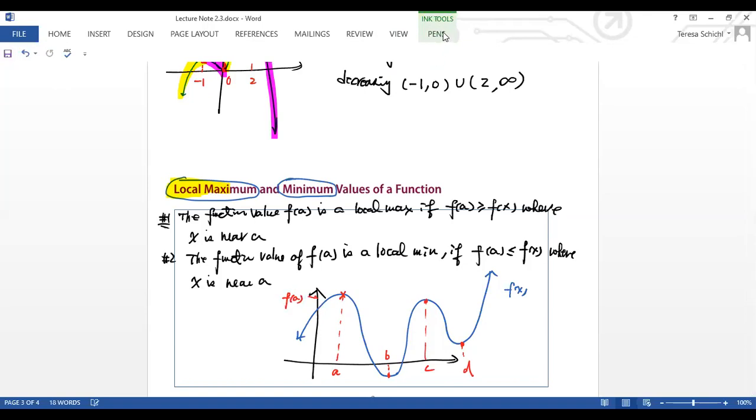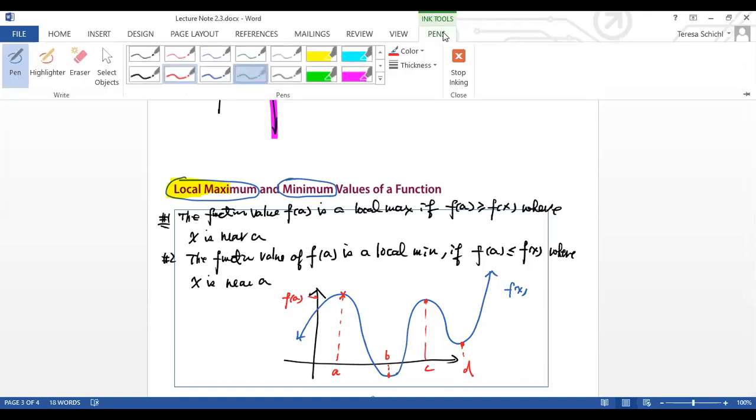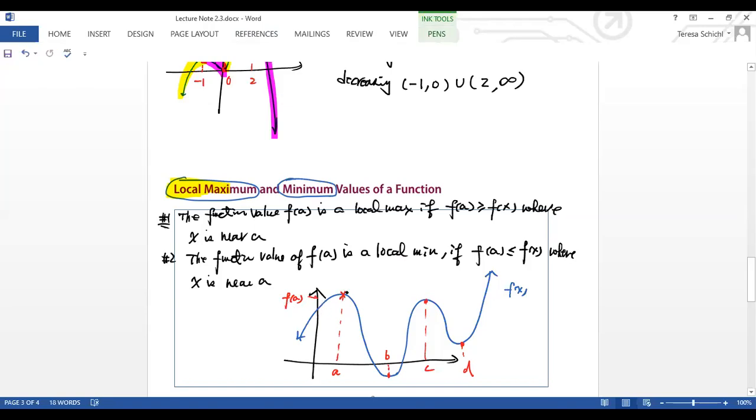When I say local, that means this is at the top of the mountain. If you look around in a close area, in this neighborhood, this is the highest point. But it is not the highest point for the whole function, because this function goes to infinity.